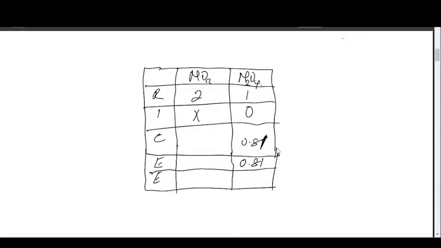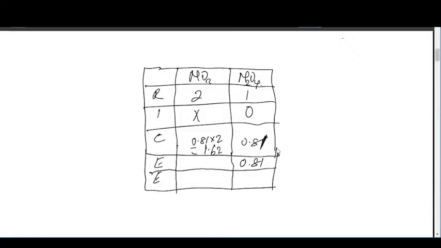I'm going to say 0.81 times 2 because I have 2 moles here, which gives me 1.62. Those are the number of moles which were used.